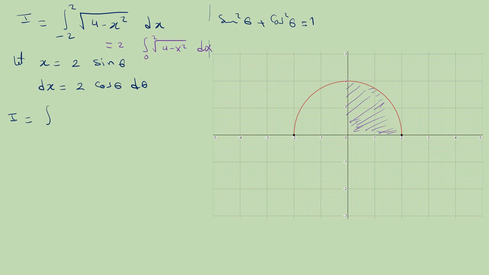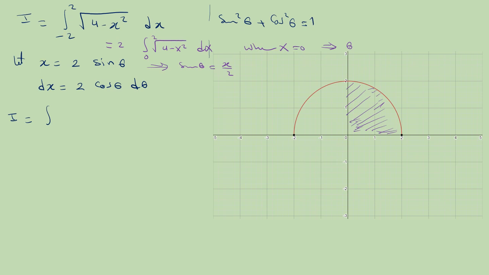Now, here x is equal to 2 sine theta. That means sine theta is equal to x over 2. When x is equal to 0, we get sine theta equal 0 divided by 2, so sine theta equal 0.